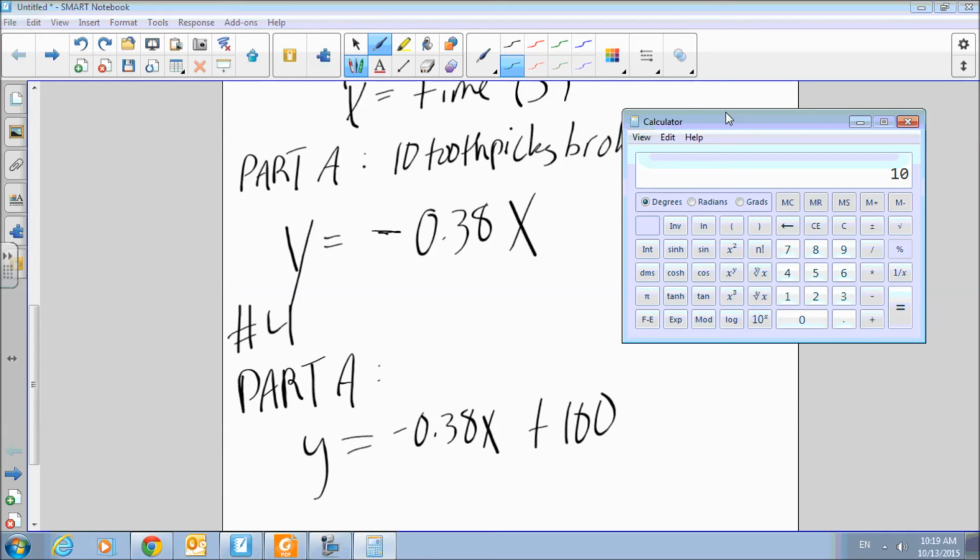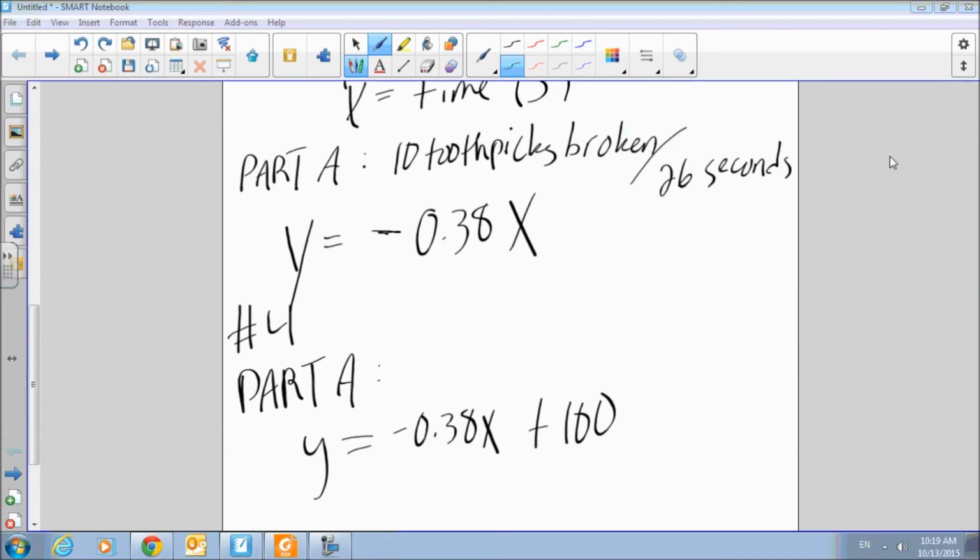How many seconds are there in a minute? So we divide 10 by 60. So there's 0.17 toothpicks added each second. If we're adding the toothpicks, should my coefficient be negative or positive? Positive. So this would be 0.17x.